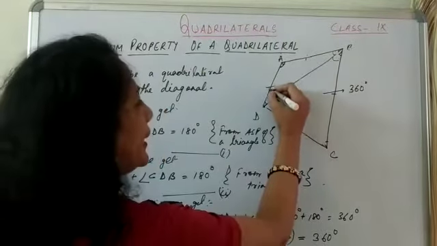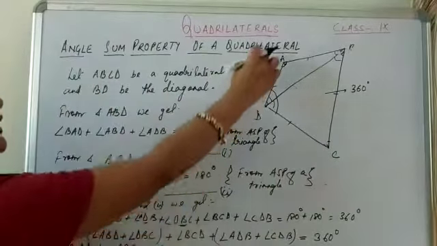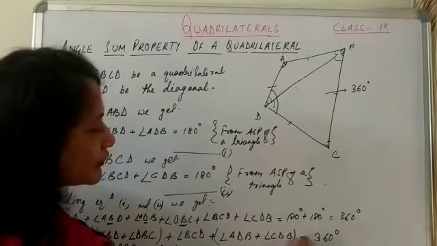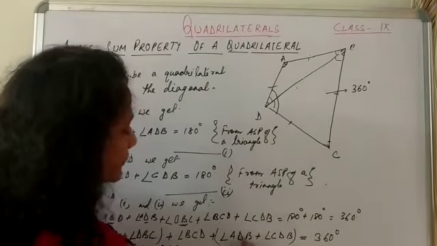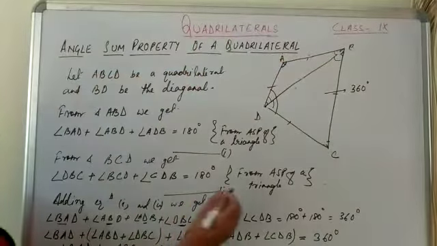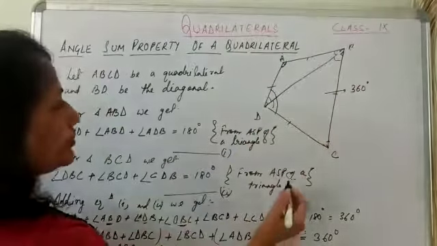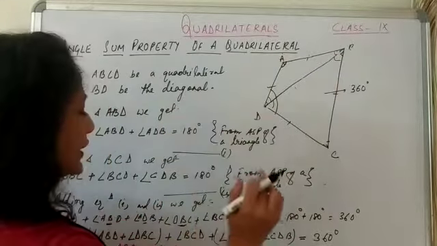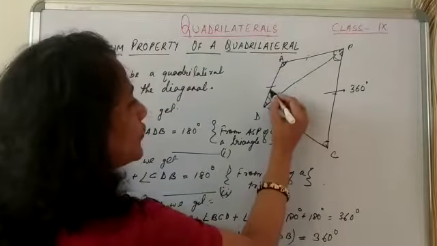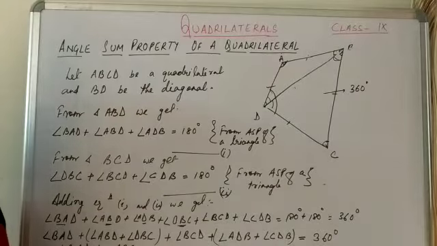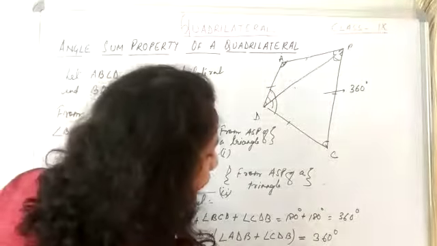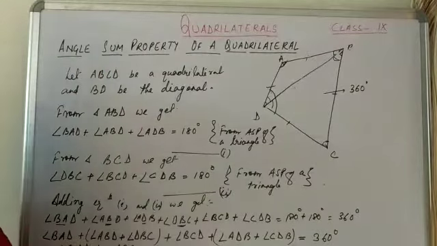ADB plus CDB make an angle ADC. I am writing here ADC. Finally, it is 360 degrees. You can see here angle BAD, angle ABC, angle BCD, angle ADC. That means these four angles are denoted here, and their sum is 360 degrees. So this is the proof of the angle sum property of a quadrilateral.